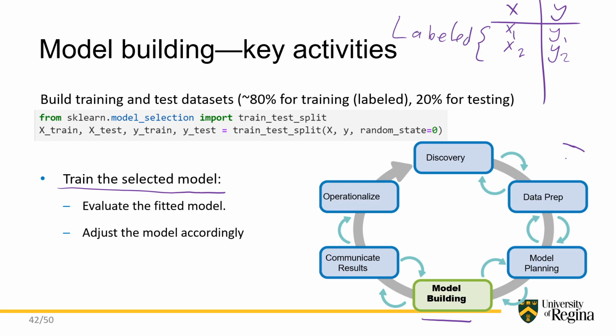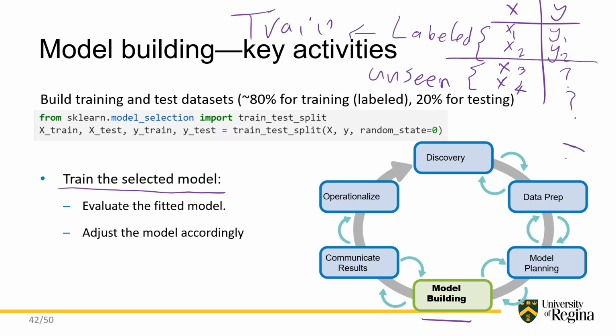But if I have some unseen examples and I don't know what the outputs are, then I could use this labeled data to train my machine and also test my machine.